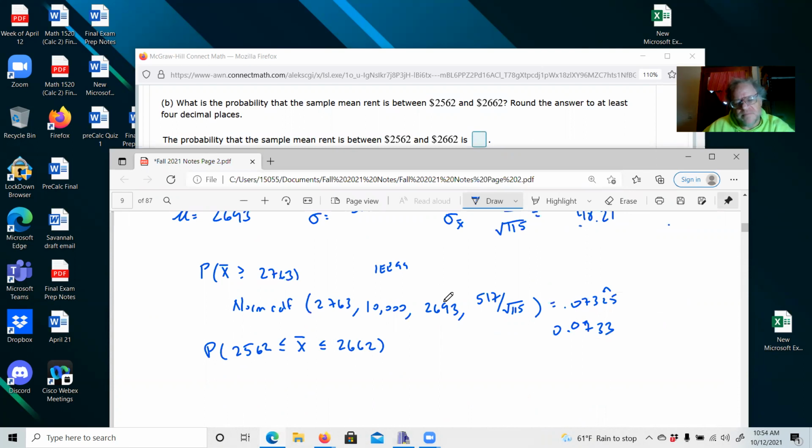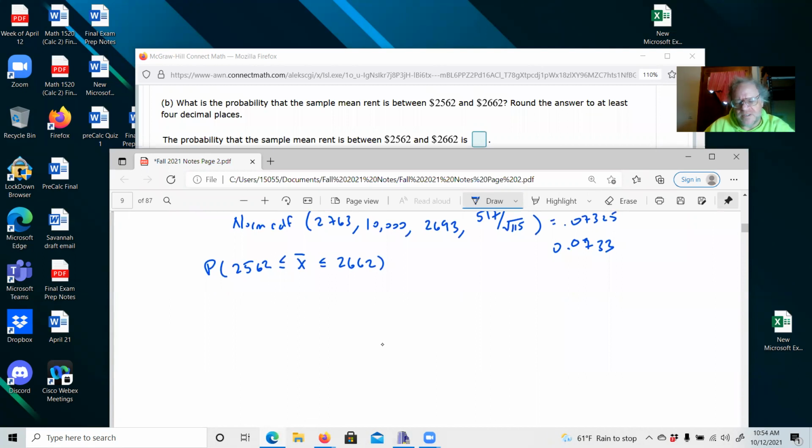What's my average here? 2693, and that seems like about 100 lower. It's between -1 and -2 standard deviations, so maybe 16%, 14%, something like that.